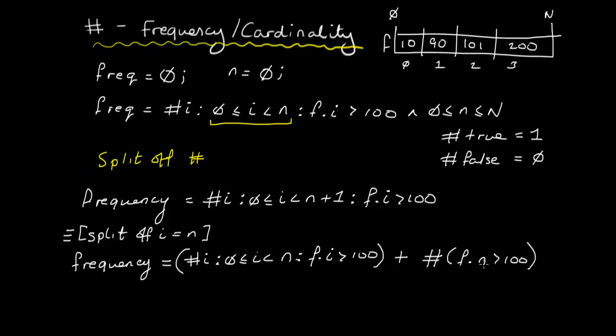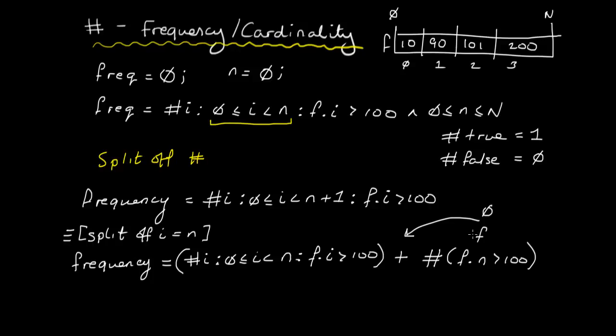So if f dot n is greater than 100, we're going to end up with true here. And the cardinality of true is 1, so we'll be adding on 1. If f dot n is not greater than 100, we'll have false. The cardinality of false is 0, and we'll be adding on 0, in effect not changing our frequency.